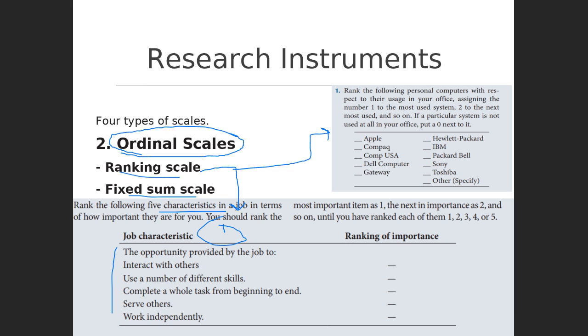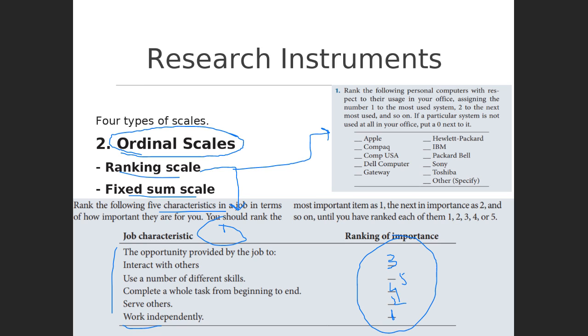So, for instance, what is the most important characteristic for me? I would say maybe work independently. It is the most important characteristic. Serve others may be the second most important. Opportunity to interact with others, maybe the third most important. Completing the whole task from beginning to end, etc., etc. So this is how you rank the importance of these job characteristics to you.